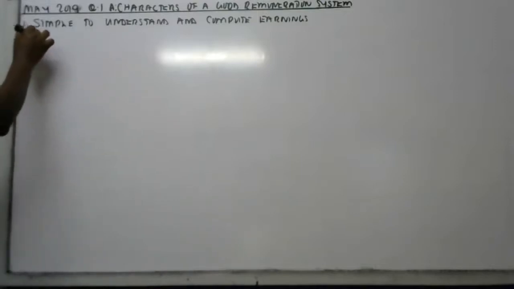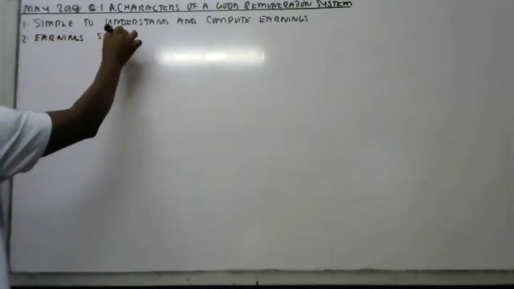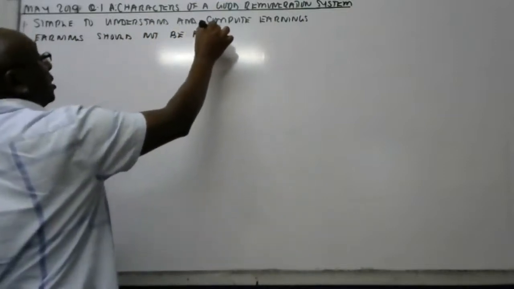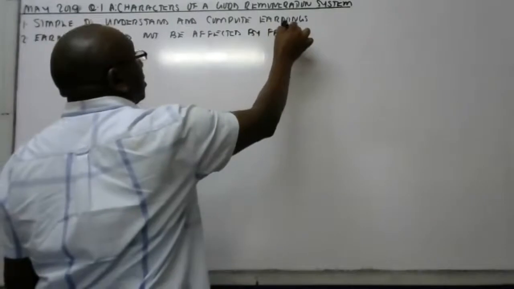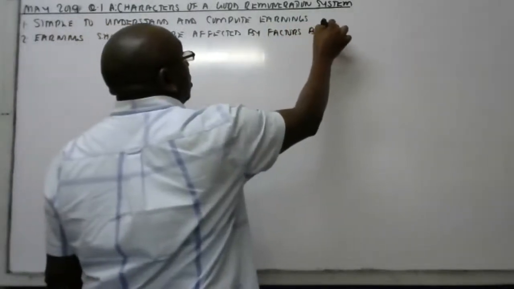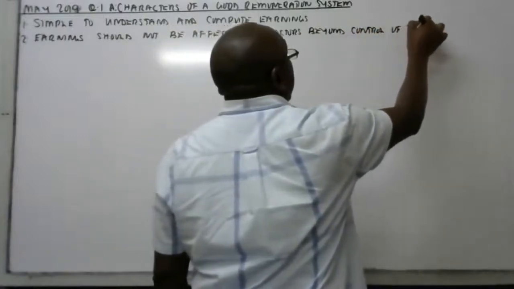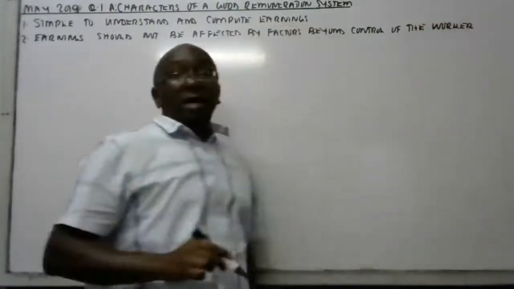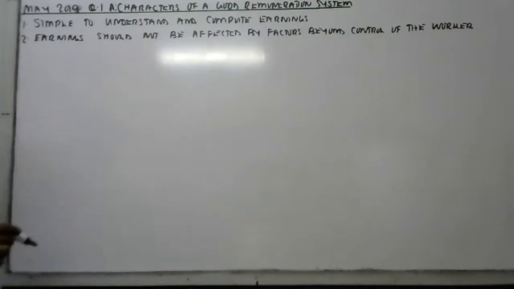Number two, earnings should not be affected by factors beyond control of the worker.